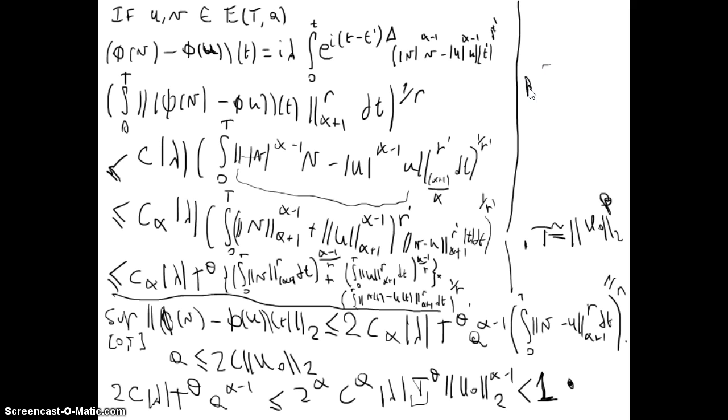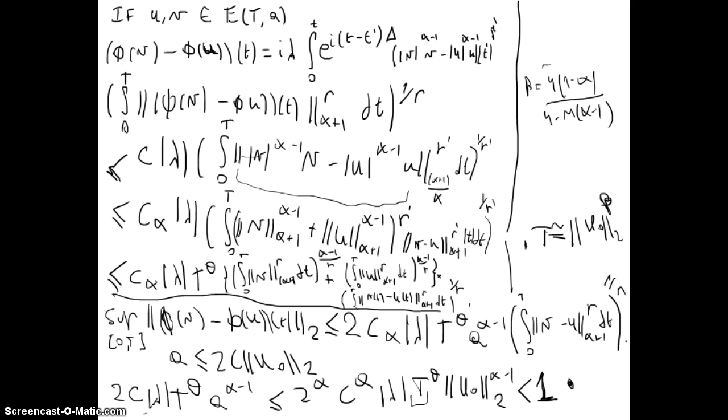Beta will be 4 times 1 minus alpha over 4 minus n alpha minus 1. Okay, so we have the existence and uniqueness in, let's say, an appropriate class of the solution of the equation.